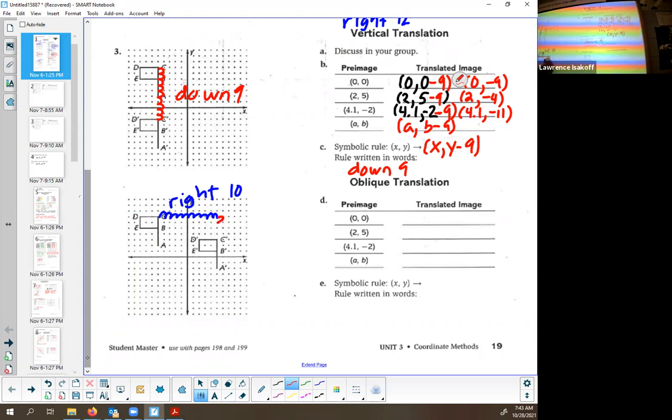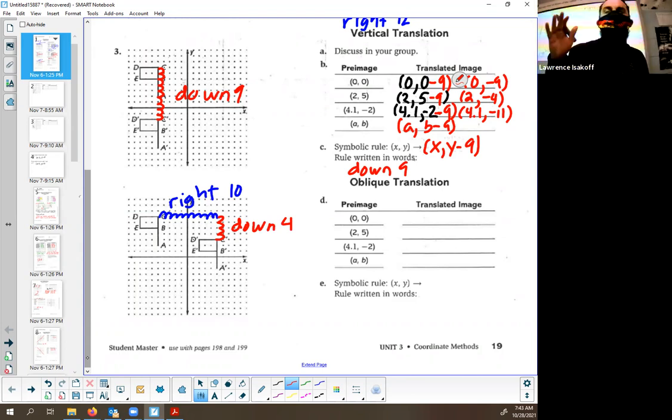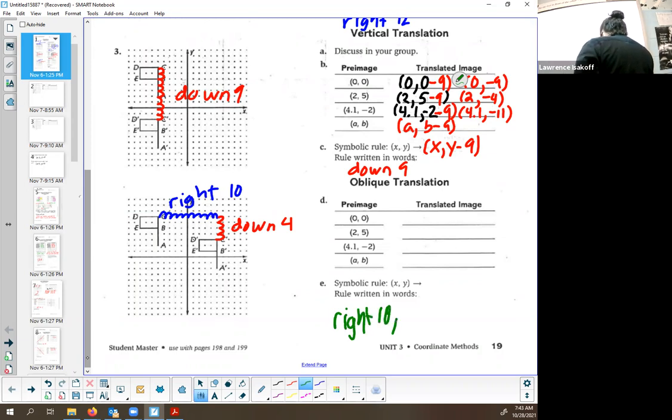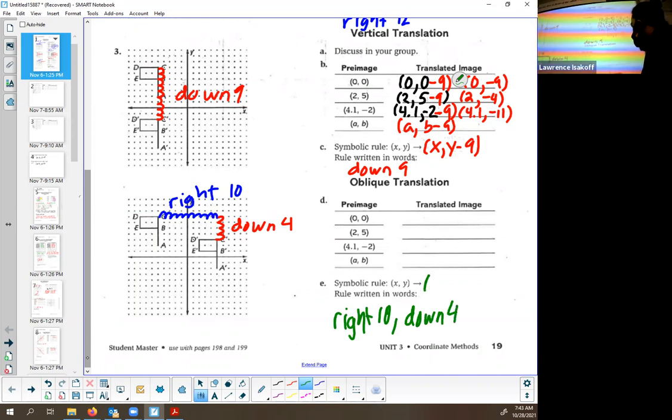So that's 1, 2, 3, 4, down 4. So if I'm going right 10 and down 4, that was my rule here. Rule in words would be right 10 and down 4.